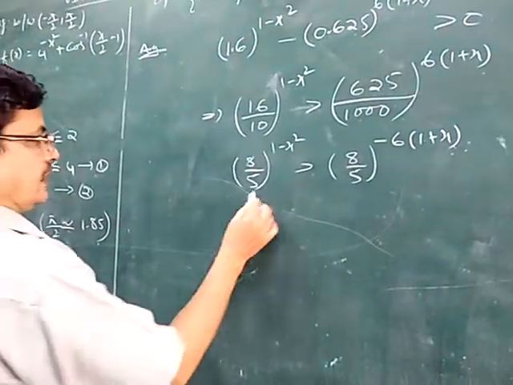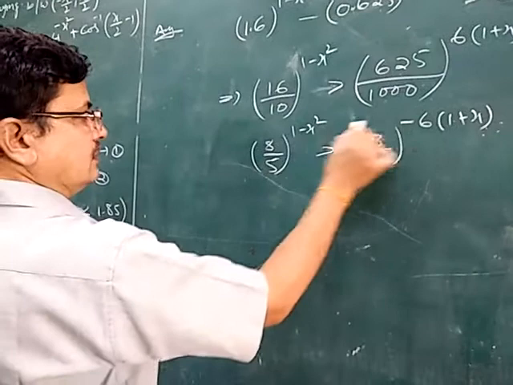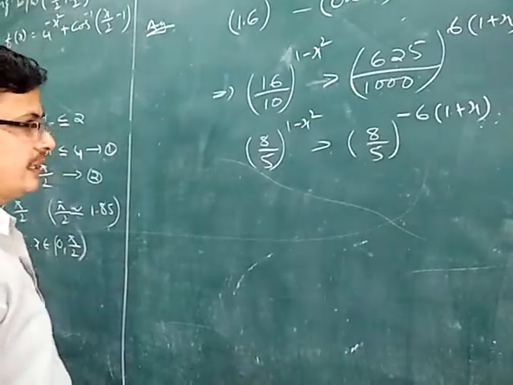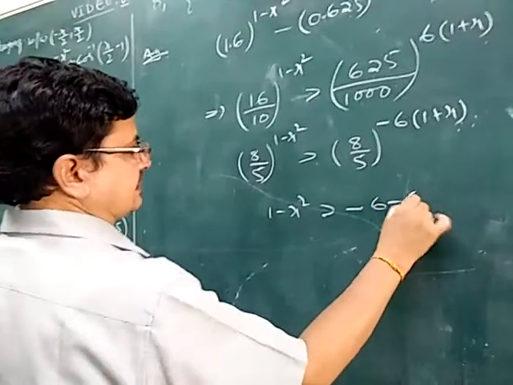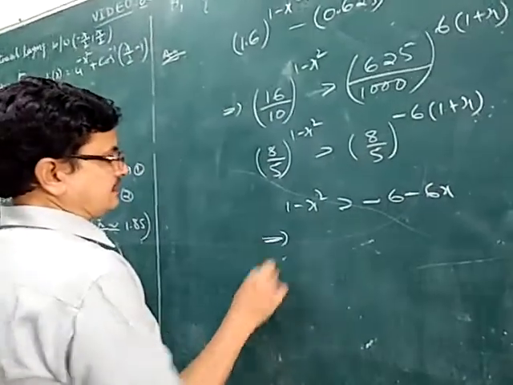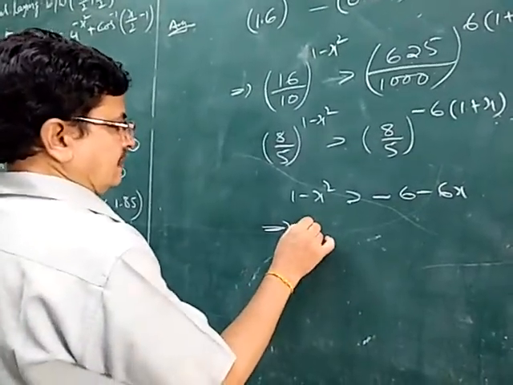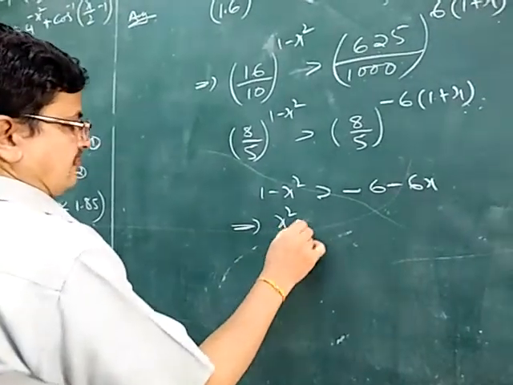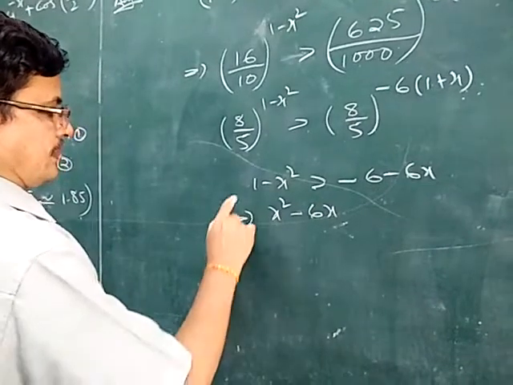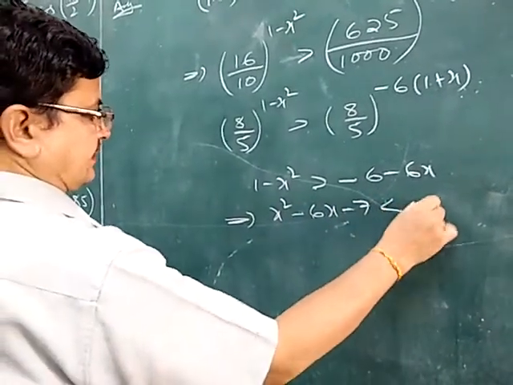Comparing these two, here bases are equal, so powers are compared. 1 minus x square is greater than minus 6 into 1 plus x. So that implies x square minus 6x minus 7 is less than 0.